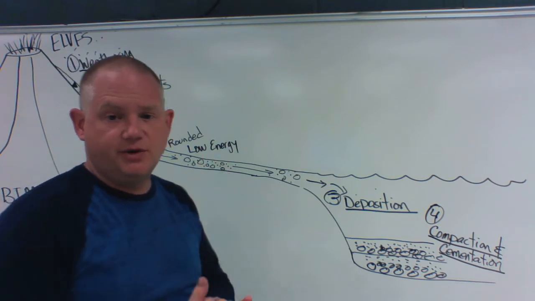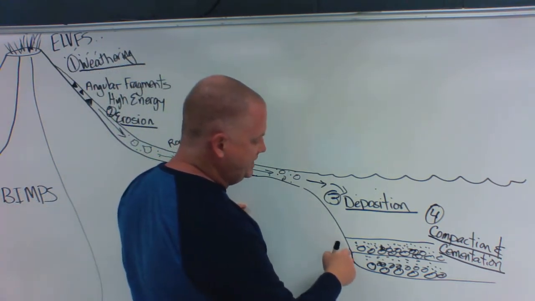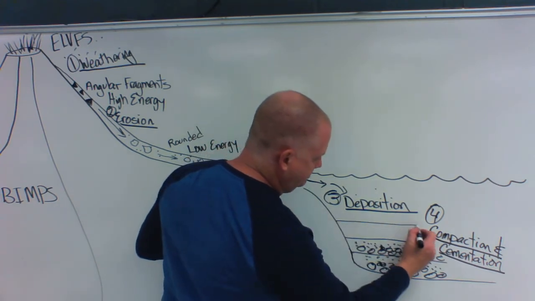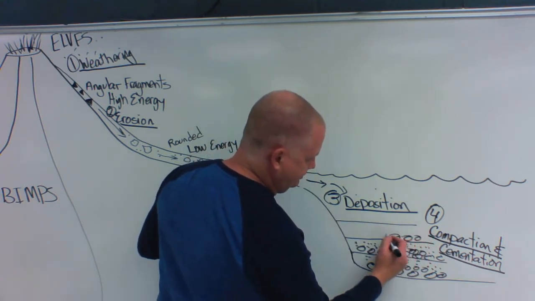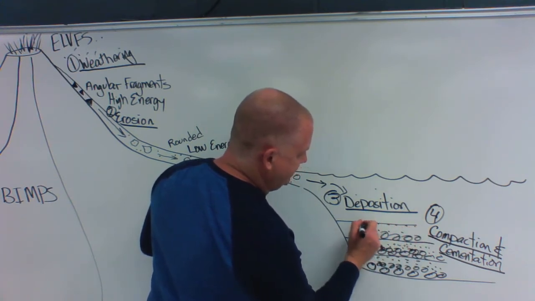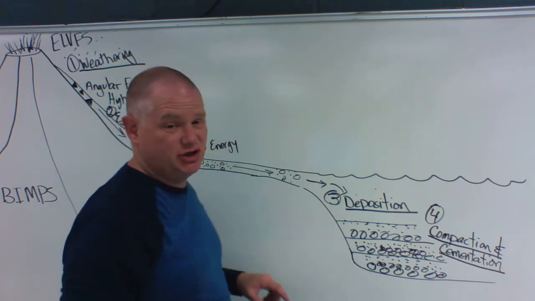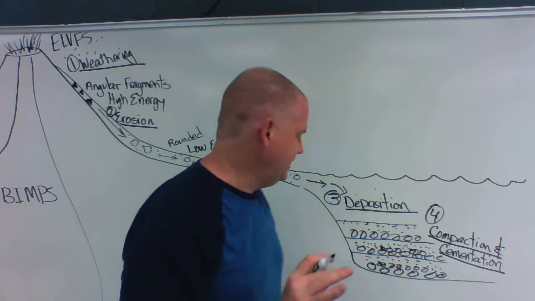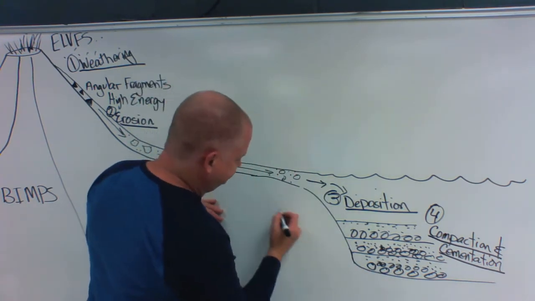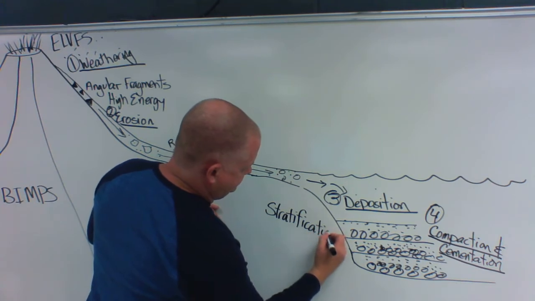A couple other things we want to put on this diagram, okay? First off, this whole idea that these are going to be in layers, I'm going to throw another layer in here just to make it neat looking. The whole idea that this is in layers, all right, is called stratification. Very long word, but really easy to spell. Okay, so stratification, just like this, okay?